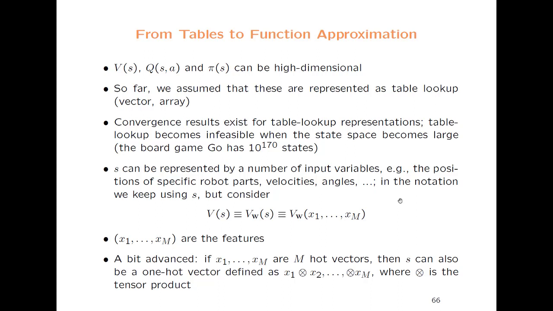And the right side looks already more like a neural network. You can generate the states S out of these variables, at least when these variables are one-hot vectors.